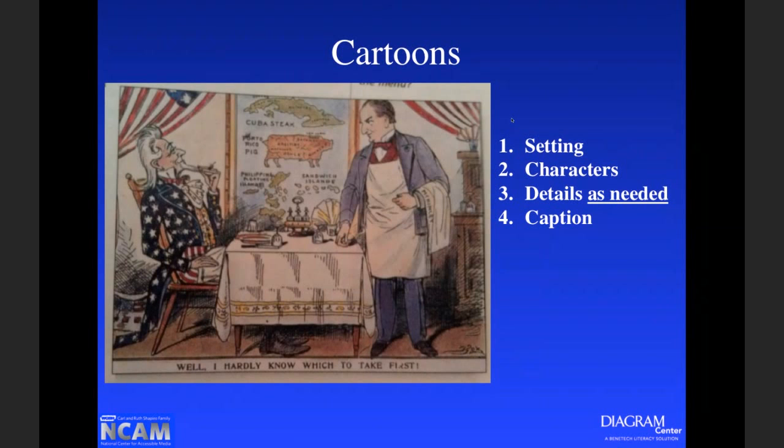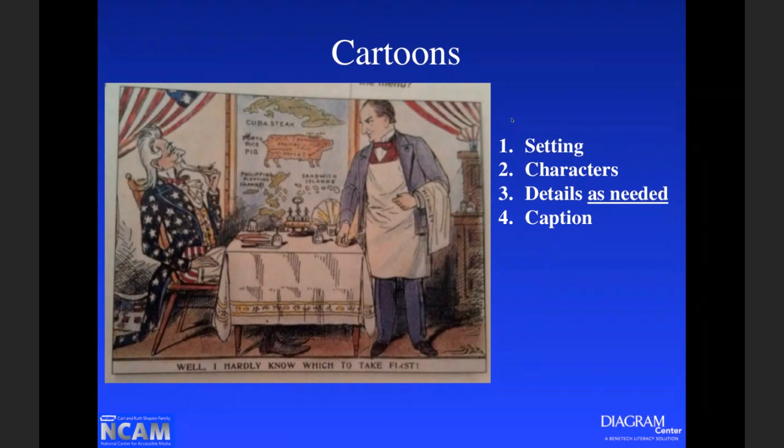For example, we know that the character on the left is Uncle Sam. We don't have to describe his starred jacket and striped pants, even though they're great touches. You're getting further away from the point of the cartoon, because the cartoon is supposed to set a stage and then give you a punchline, which is, well, I hardly know which to take first.